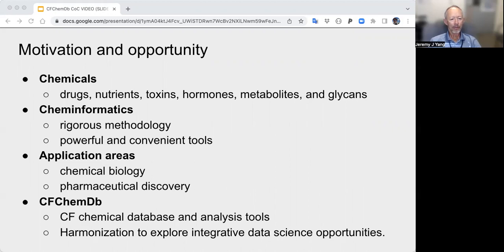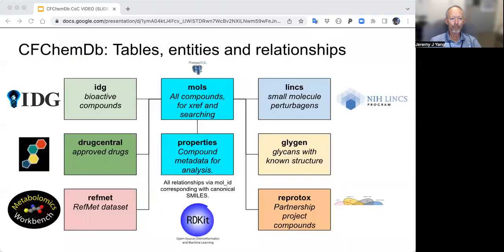Thus, CF ChemDB was developed, comprised of Common Fund chemical datasets and analysis tools to address this need and facilitate discovery via integrative data science, combining datasets across the Common Fund data ecosystem.